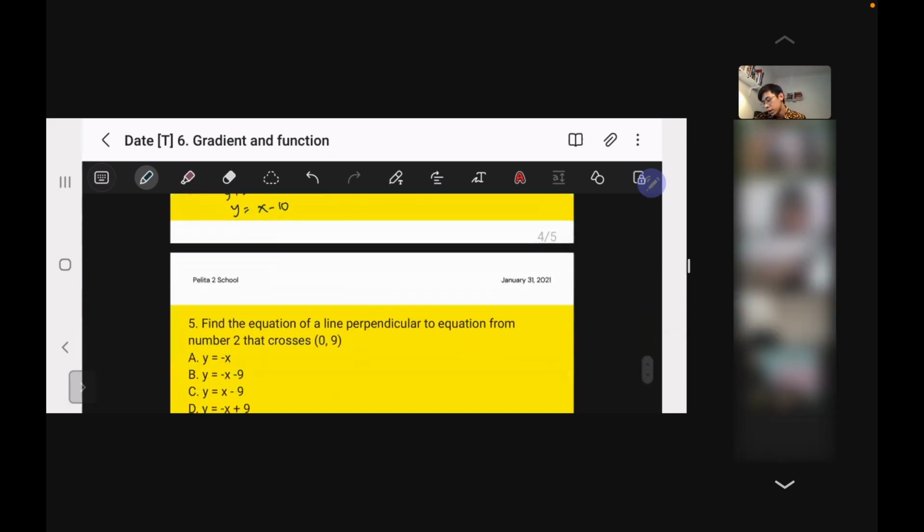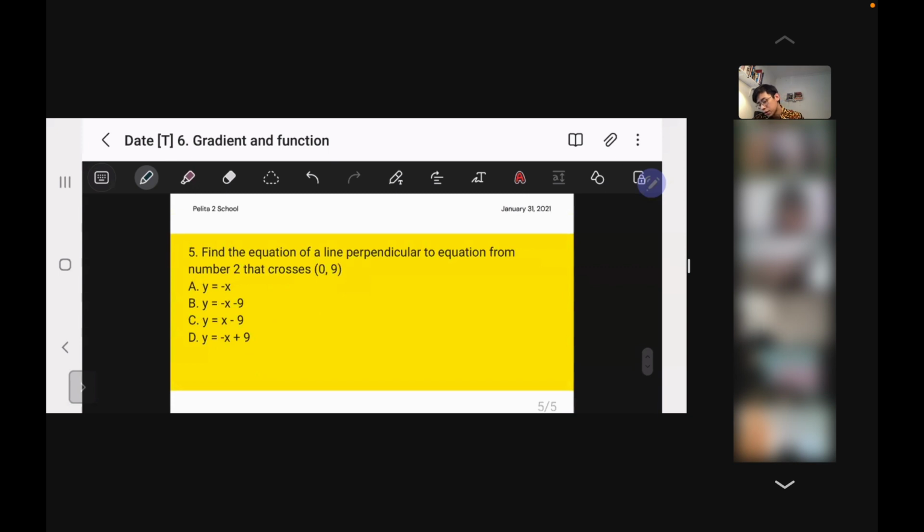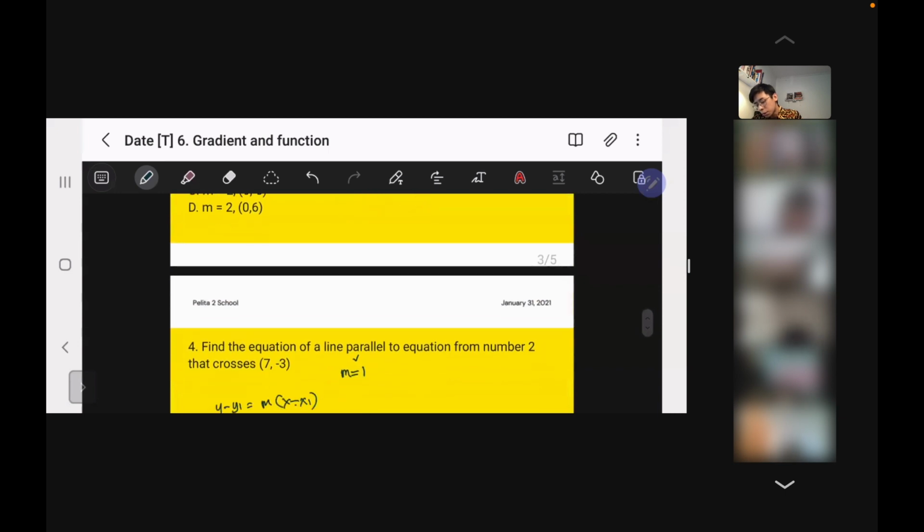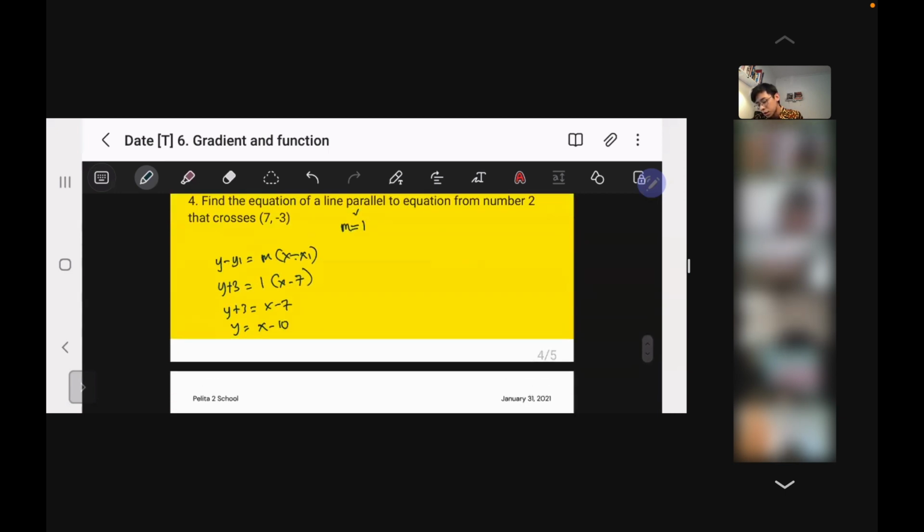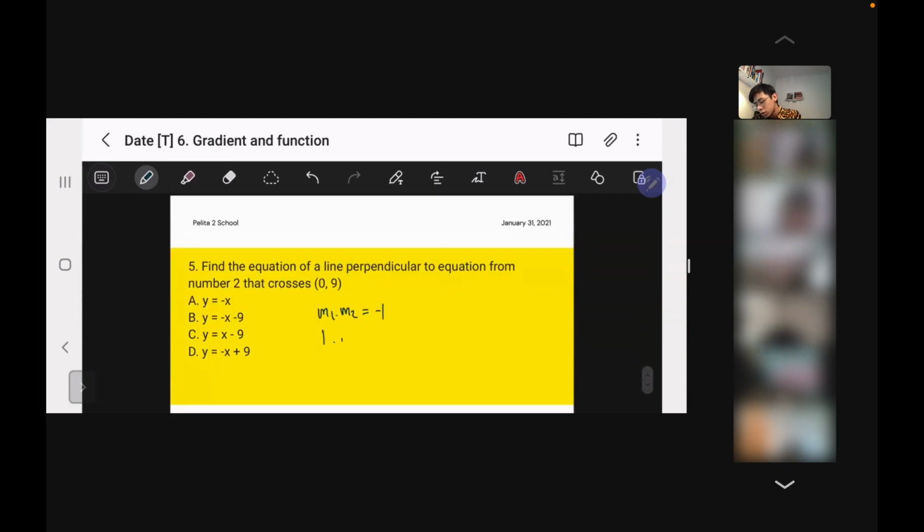Last one, number 5, find the equation of a line perpendicular to the equation from number 2. So m1 times m2 is equal to minus 1. From number 2, m is equal to 1. So m1 is 1. So you have to find the gradient that is perpendicular to the first equation. So m2 is equal to minus 1 divided by 1 becomes minus 1.